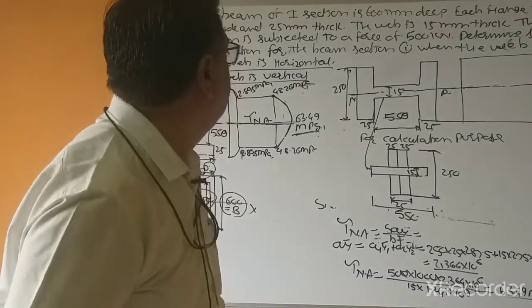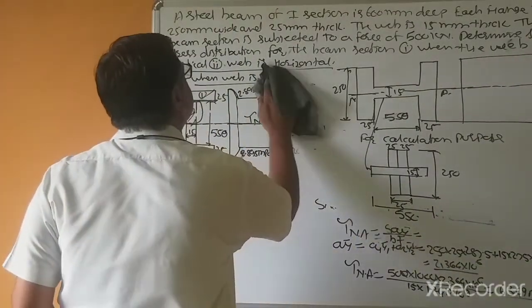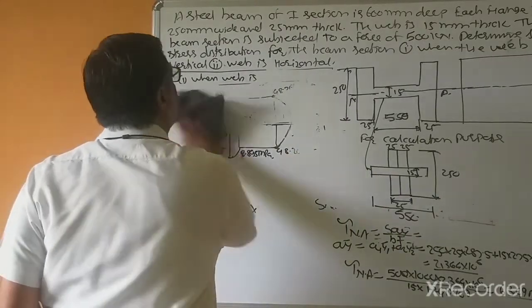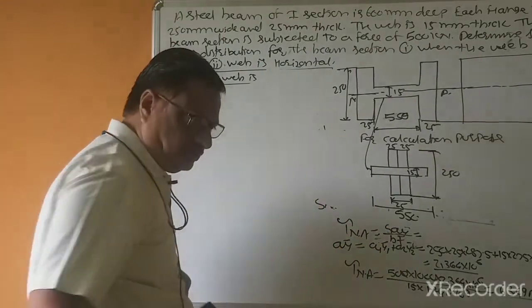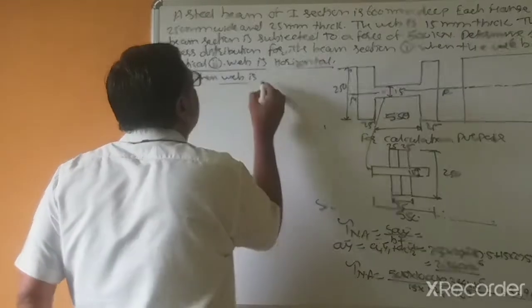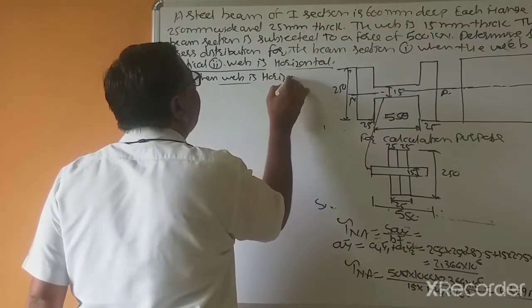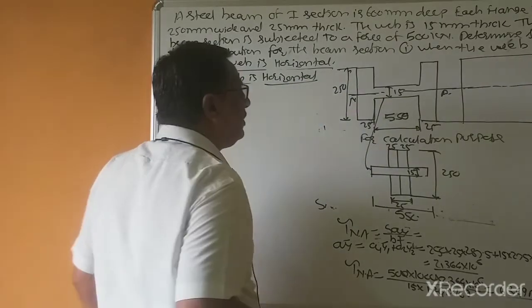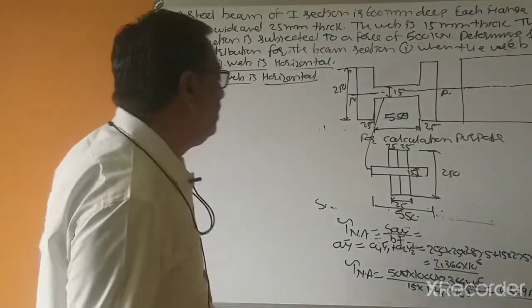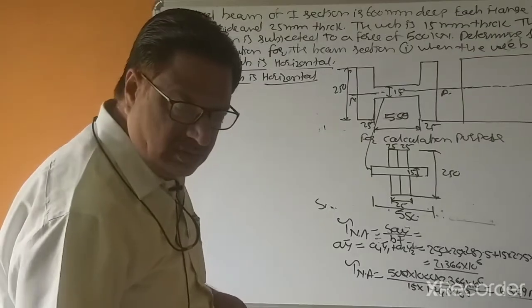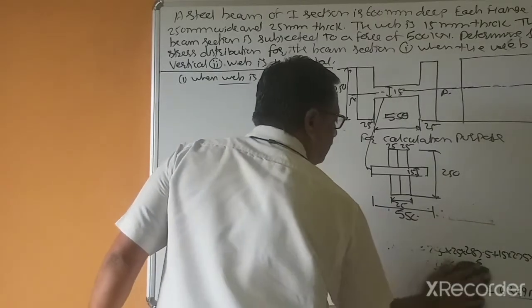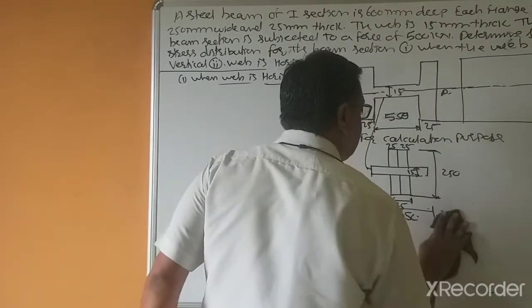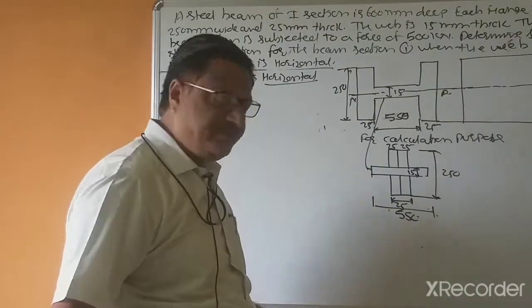So that's why when the wave is horizontal, first see calculations about the moment of inertia. So how you can calculate the moment of inertia? So for simplifications about the moment of inertia, I modified these figures.